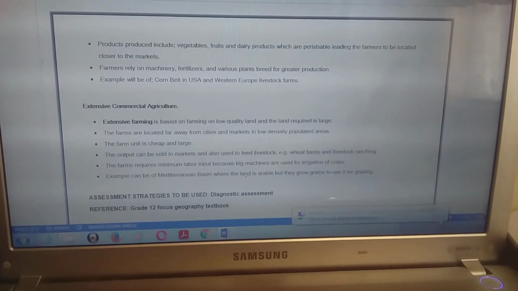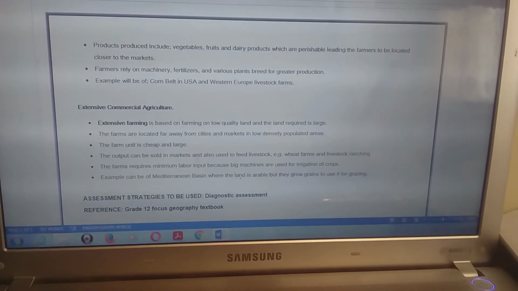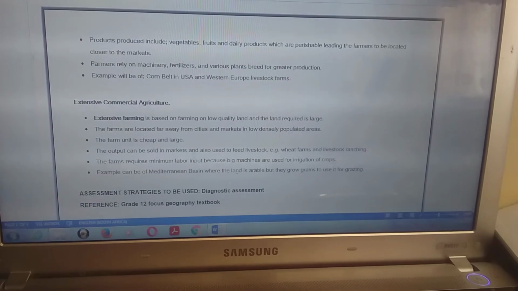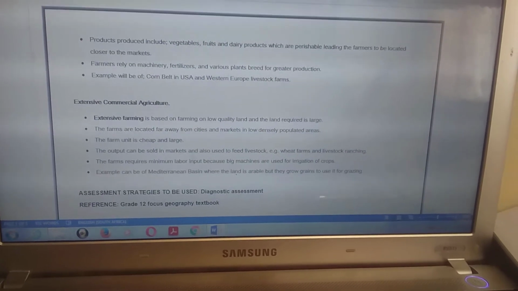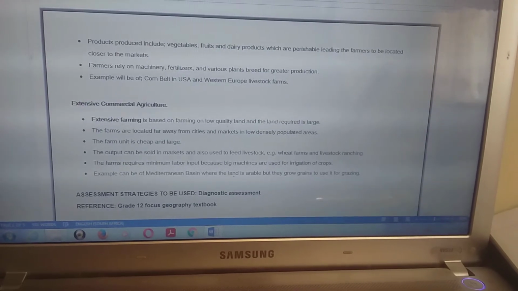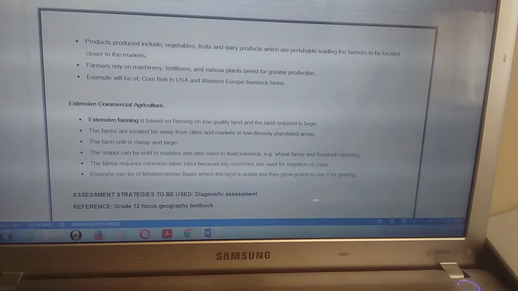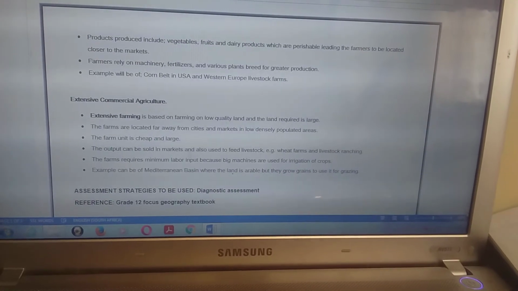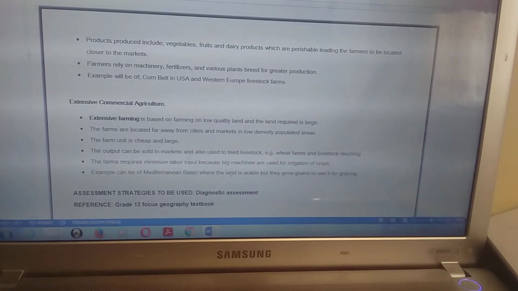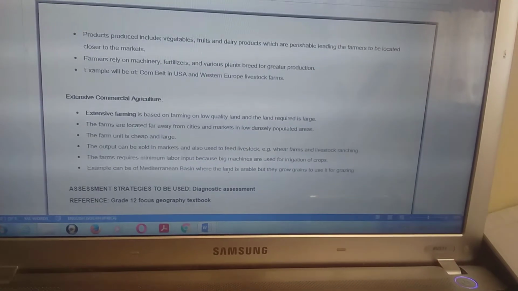Products produced include vegetables, fruits, and dairy products, which are perishable, leading farmers to be located closer to the market. Farmers rely on machinery, fertilizers, and various plant breeds for greater production. Examples are the corn belt in the USA and Western European livestock farms.